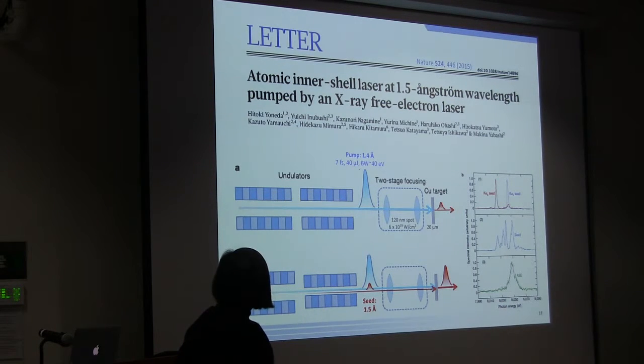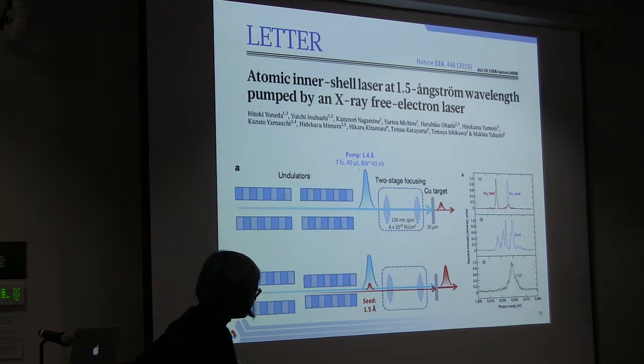This was done at the Japanese XFEL, where they have maybe not quite as much pulse energy, but they basically took their 40 microjoules, which is somewhat less than you get at the LCLS, and focused it down to about 120 nanometers onto this copper target. And again, they dispersed the radiation from it, and they saw that they could have gain as a function of the incoming pulse power.